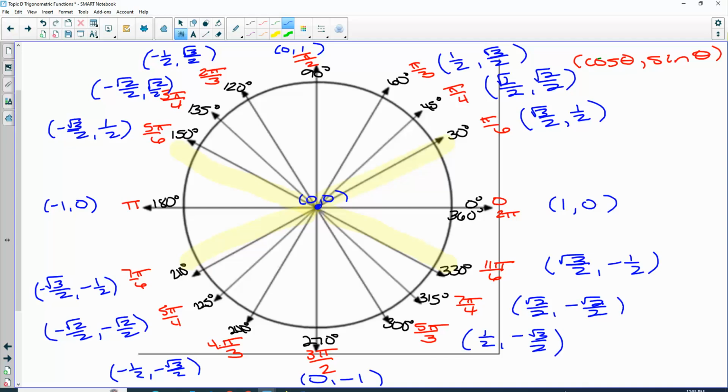So just remember your reference angle is the same points, the only thing that changes is positive or negative.